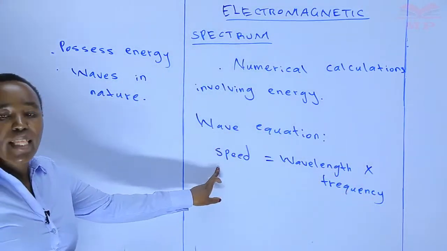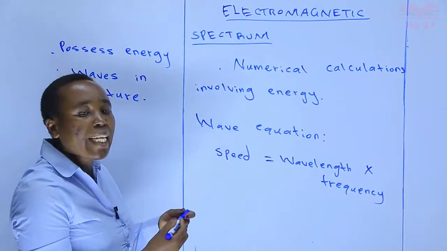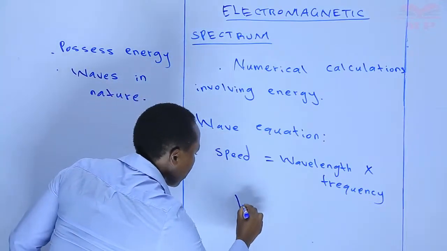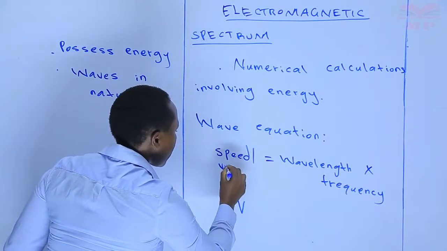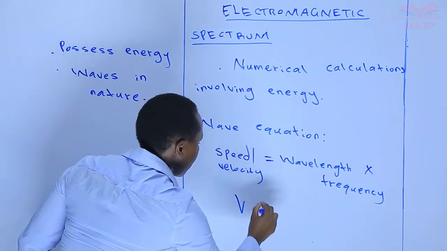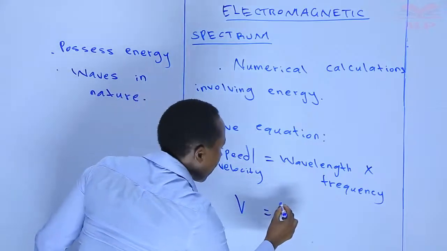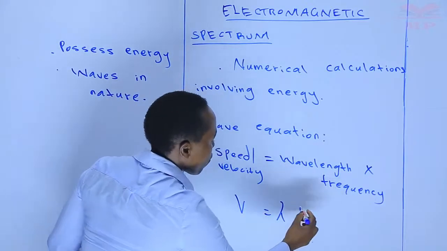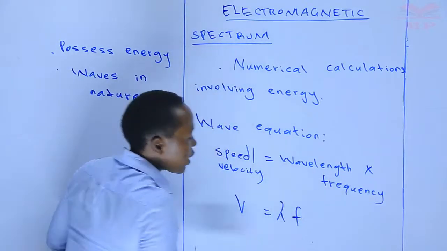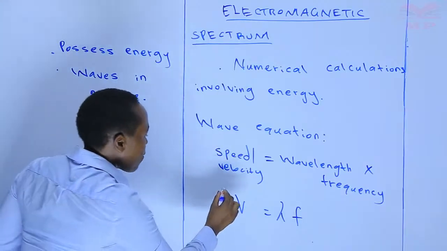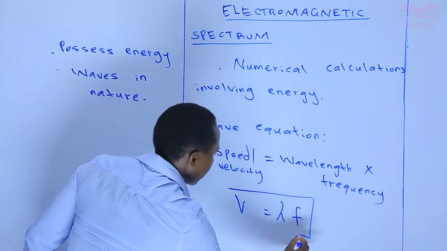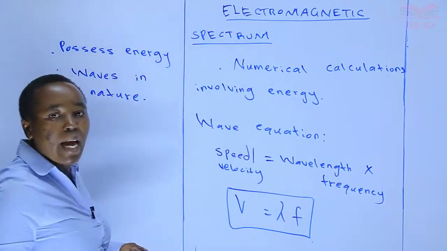The speed, where we use letter V, or simply the velocity, is equal to wavelength, whose symbol is lambda, multiplied by frequency, whose symbol is small letter f. Therefore, V is equal to lambda f.